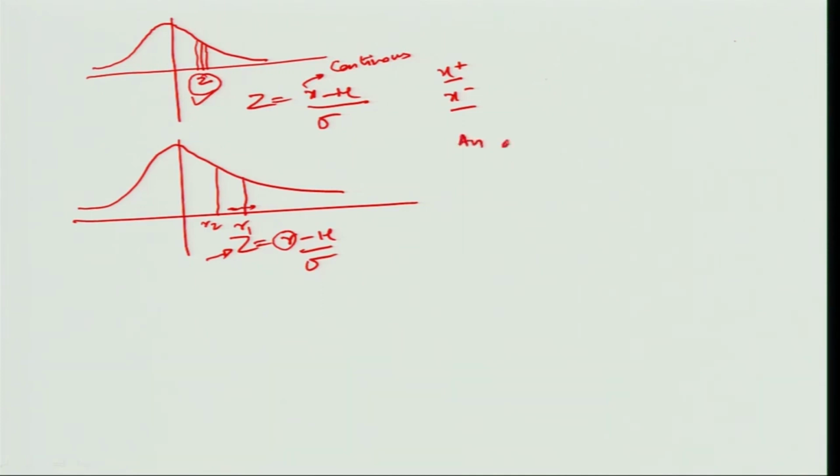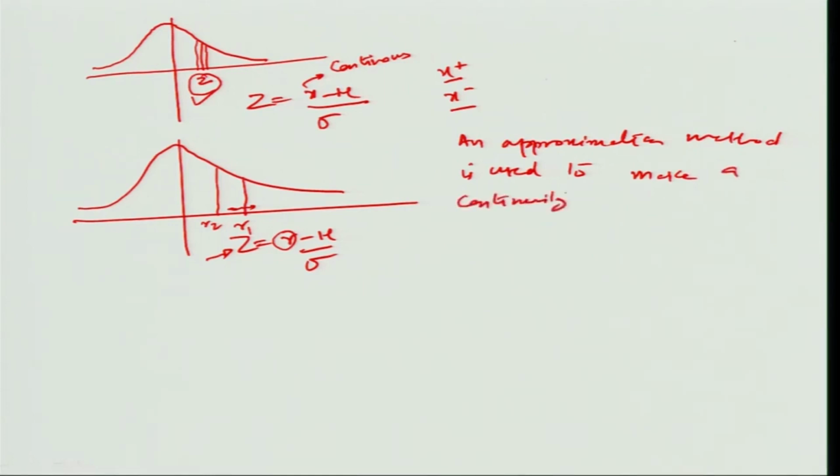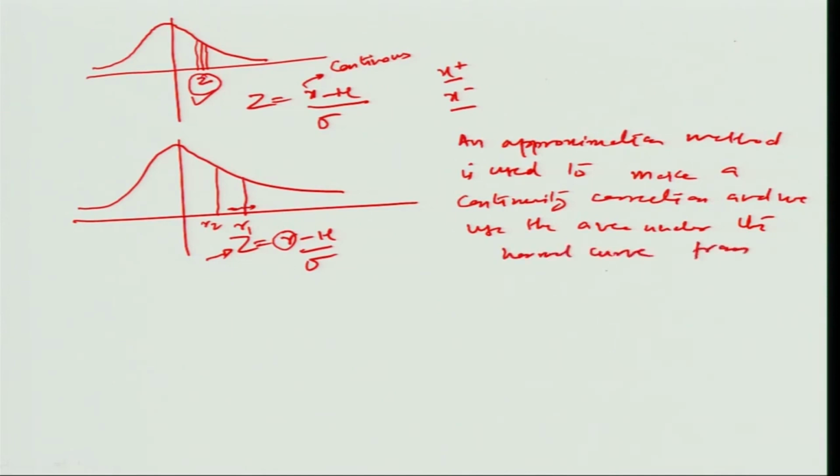So, an approximation method is used, which can be called a continuity correction, and we use the area under the normal curve from r minus half to r plus half, so that I can establish values near this r, which is exactly the number of times you are doing the trials.